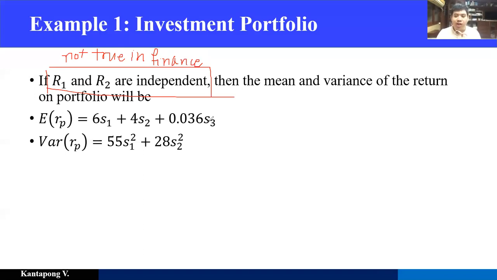But we need this assumption because we have not yet defined how to characterize two things moving together, or, if you know some basic statistics, the correlation. Once we define correlation, we will relax this assumption. But since we have not defined correlation in this class, we assume this first. Then the variance is equal to this one.